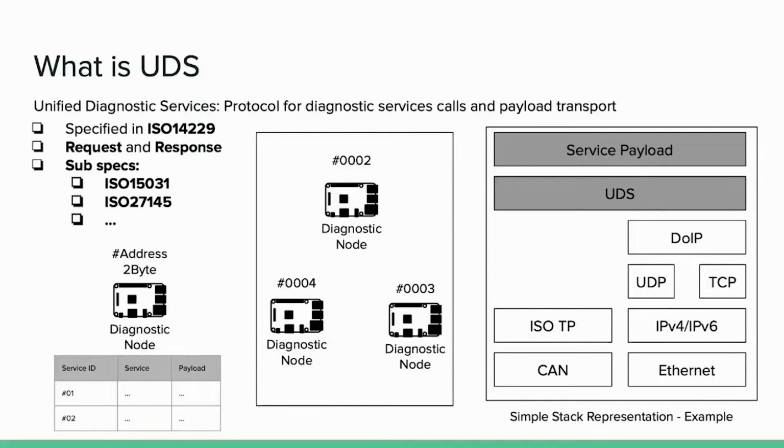Again, on the right-hand side, you can see a simple stack representation. And on the left half of it, you can see the CAN bus. It uses ISO-TP to do segmentation. And above that is UDS. So on the right-hand side is DoIP. So both are used to transport the request to the end device.